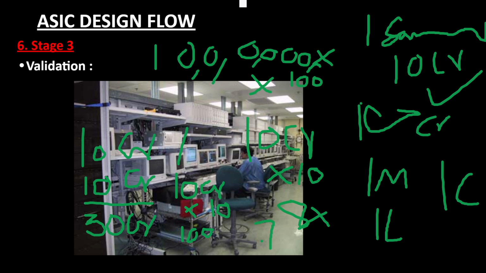And in the rare worst case, some of the products are damaged, say 10 CR worth of pieces. They will test the ICs, and the testing will also be done automatically.